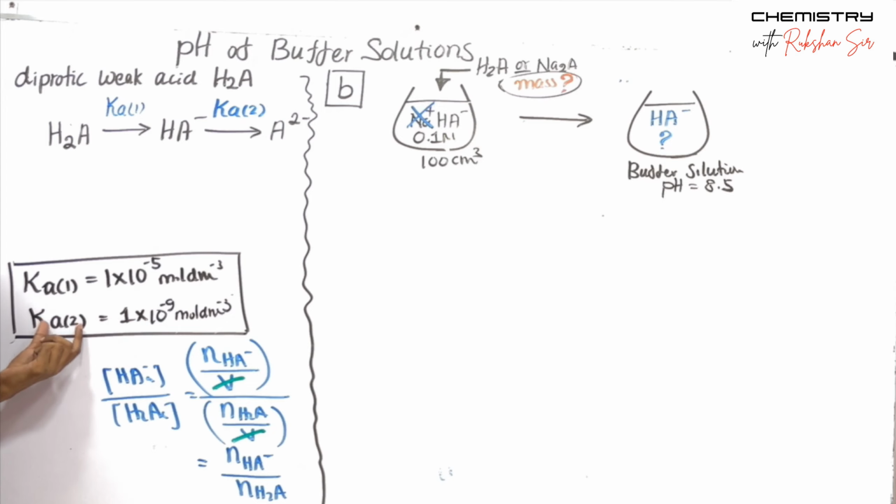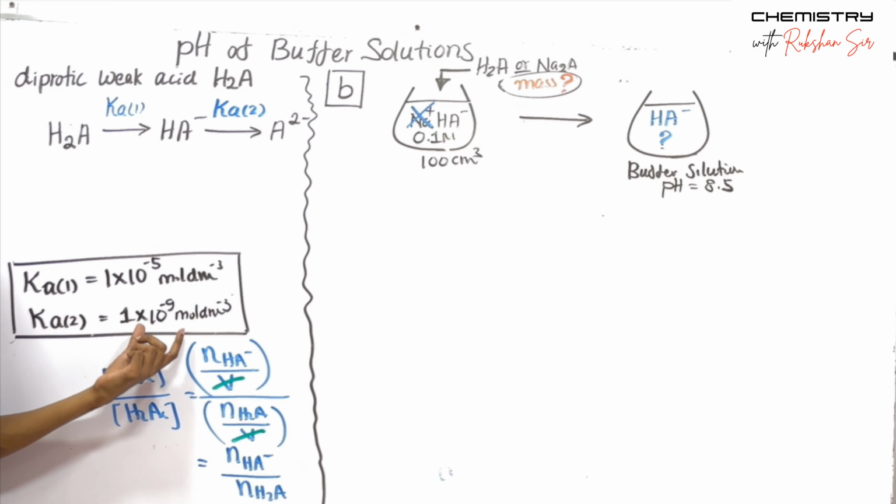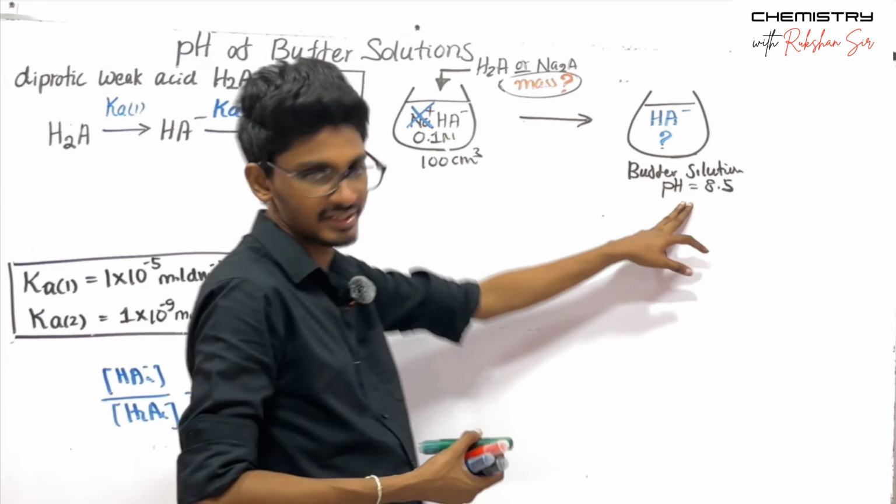Inside the range of 8 to 10, which appears with the pKa2 plus or minus 1. If you consider pKa2 plus or minus 1, the buffer range comes up as 8 to 10. This 8.5 appears inside that.